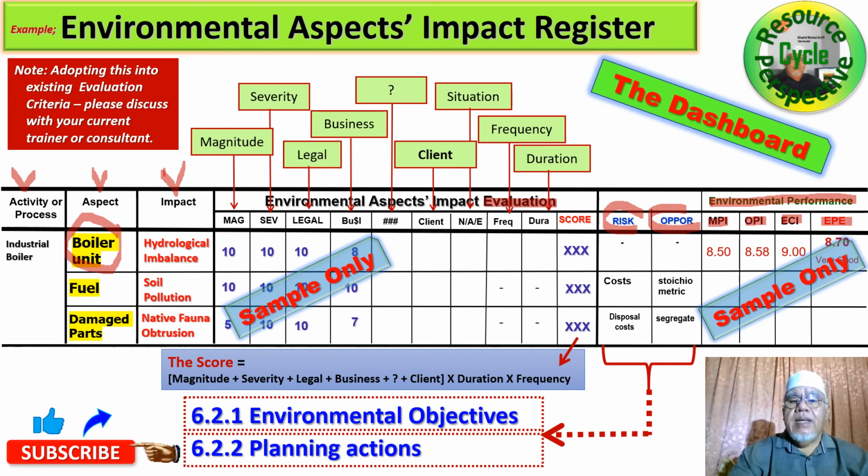After this, it's up to us to formulate our policy and then our environmental objectives, our environmental targets, and our environmental management program to go forward. That's about it for this boiler unit. I believe this is adequate.